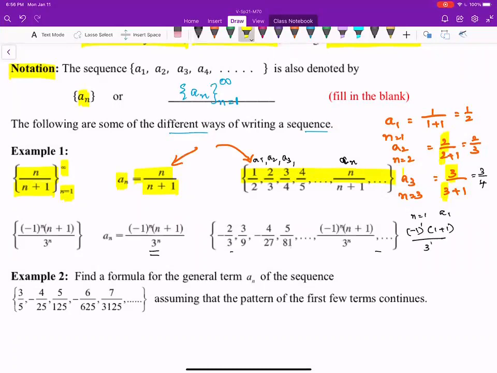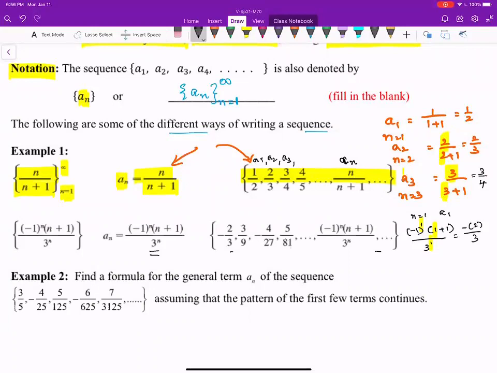You're only plugging in values for n. So wherever n is, you replace it by the value that you plug in for successive terms. So it is negative 1 to the power 1, which is negative 1, times 2 divided by 3. So it is negative 2 thirds.